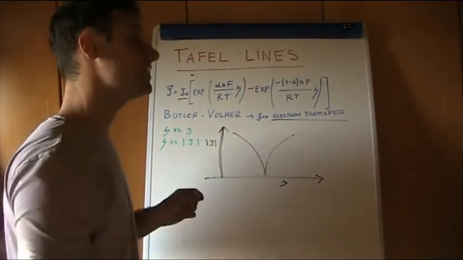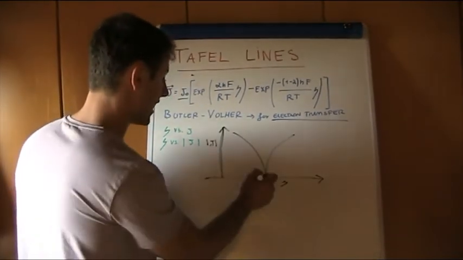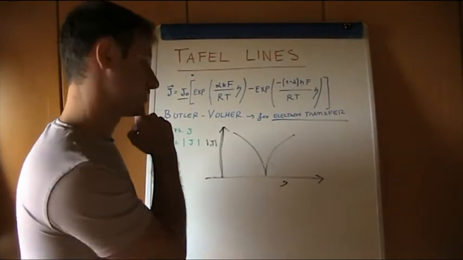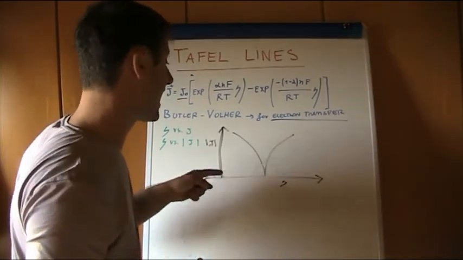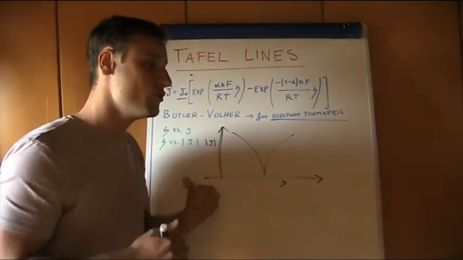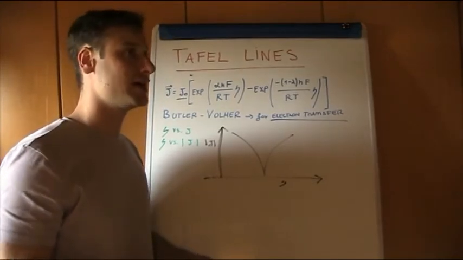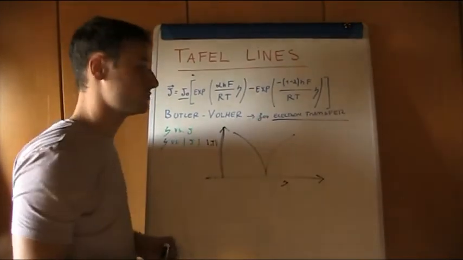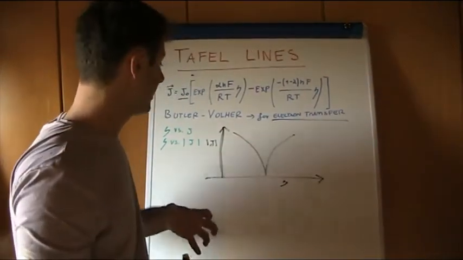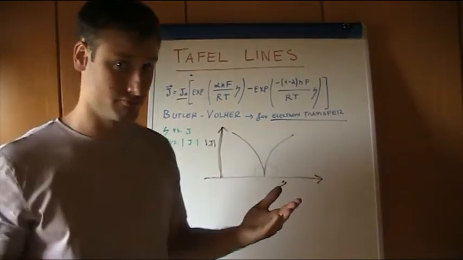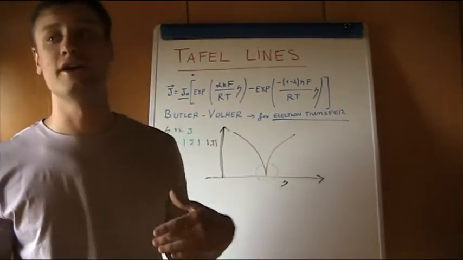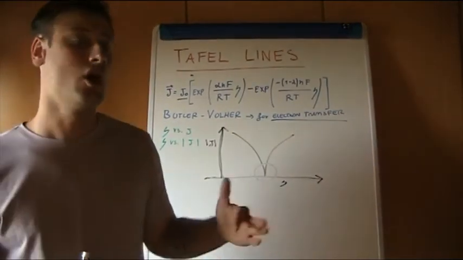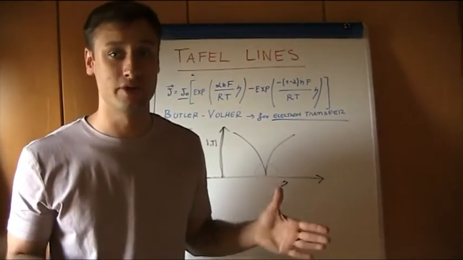Imagine that, even if it's true that when we are at very low overpotential, or in general when we are at low current, so when we are moving away from the equilibrium in a small way, we are not able to eliminate the contribution of the other reaction. What does it mean? If we are promoting the oxidation, maybe due to a positive polarization, or it could be a reduction due to a negative polarization, we are promoting one semi-reaction in our dynamic equilibrium.